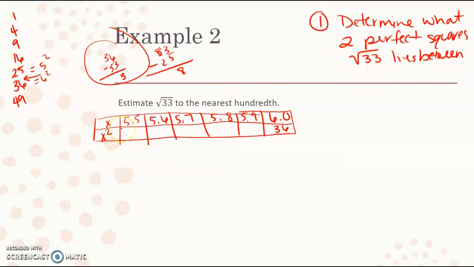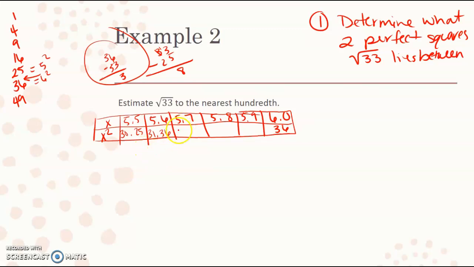So I'm going to take 5.5 and I'm going to square it because that's what it says. It says take x, and then square it. So I'm going to take 5.5 and I'm going to square that. So I get 30.25. And then I'm going to take 5.6 and I'm going to square that. And I get 31.36. And I'm going to take 5.7 and I'm going to square that.